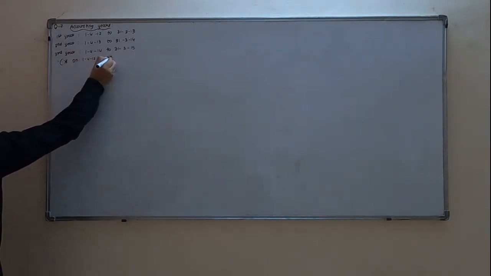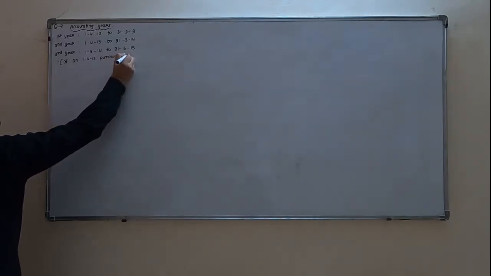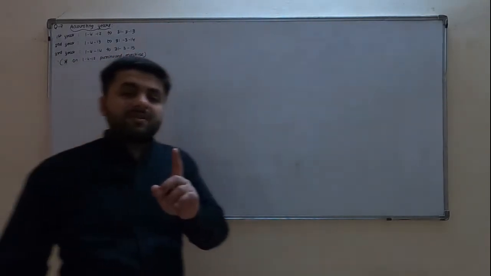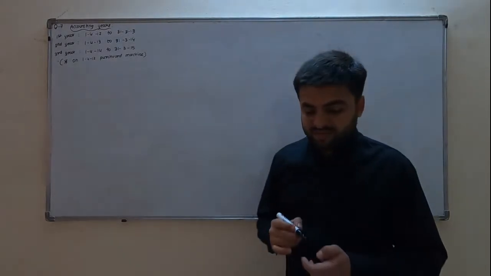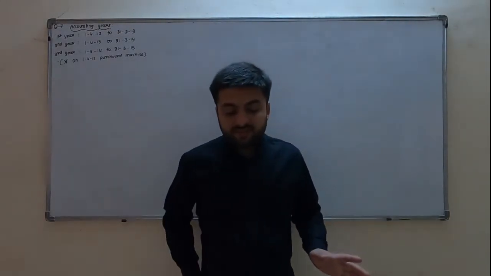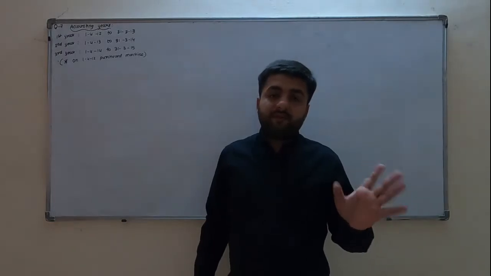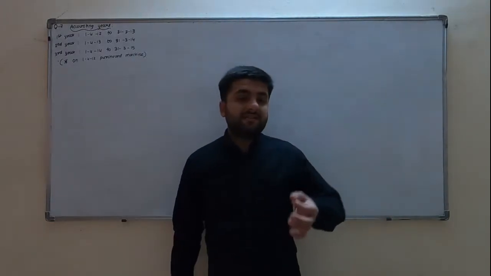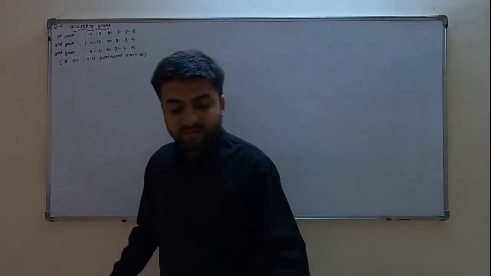On 1/4/12 purchase the machine. Here in the sum only one machine is there, so I am not writing first machine or second machine. We are purchasing the machine and it is not sold. Okay, the machinery is not sold till the last date, so we have just calculated the depreciation.